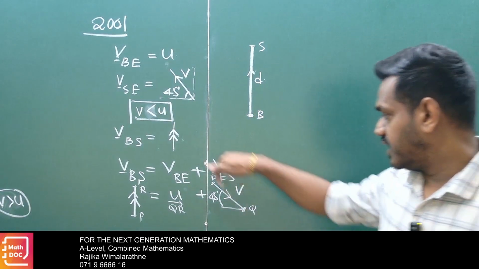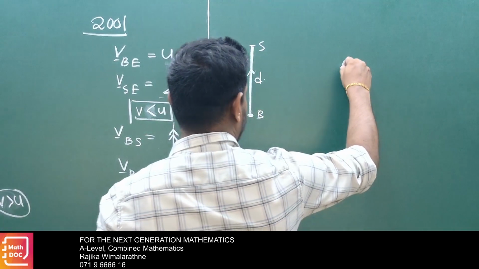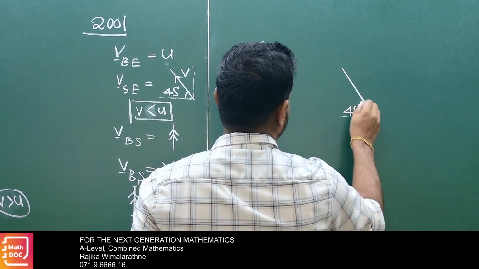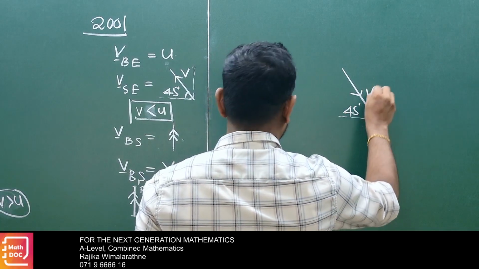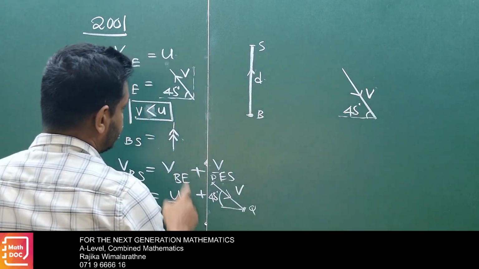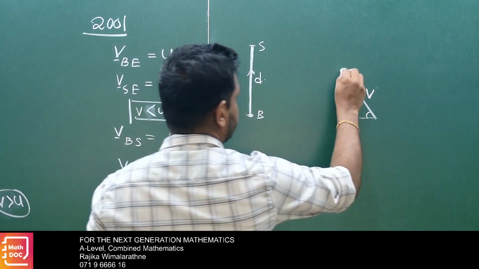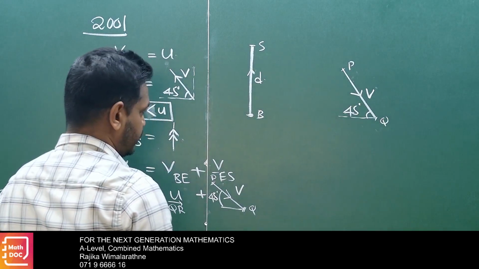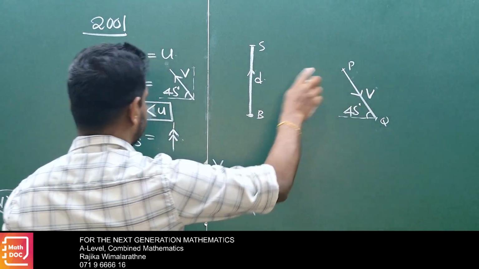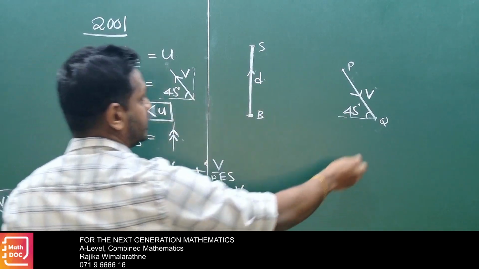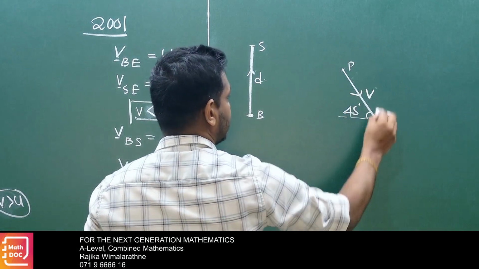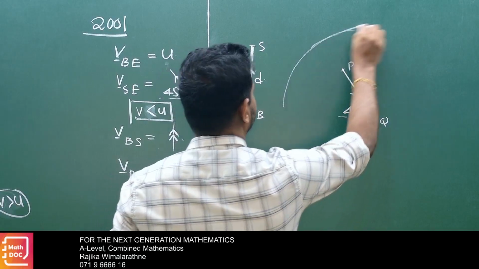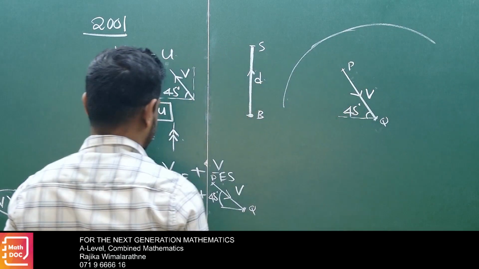Okay. Now sketch the PQ vector. That is V. Then the QR vector, U value greater than V. Here P, Q. QR value is U, greater than V. Therefore, take center Q, radius U, and sketch the circle.